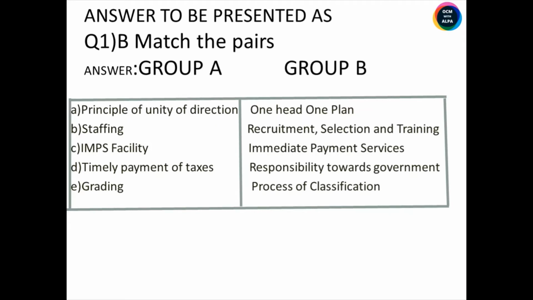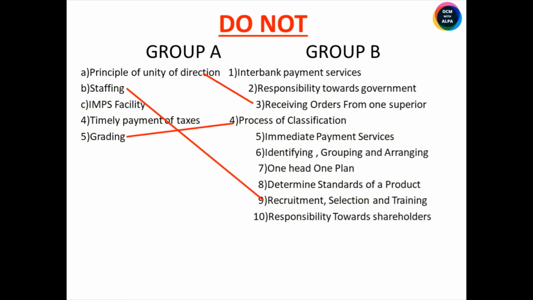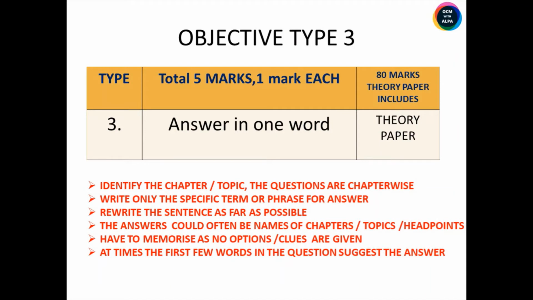Maybe draw a table, mark it as group A, B, and write only the corresponding correct answer that we just saw in the entire table. Now, often students make this mistake of drawing lines. Please do not do this. This is not at all appreciated in the board. So this is your objective type number 2.